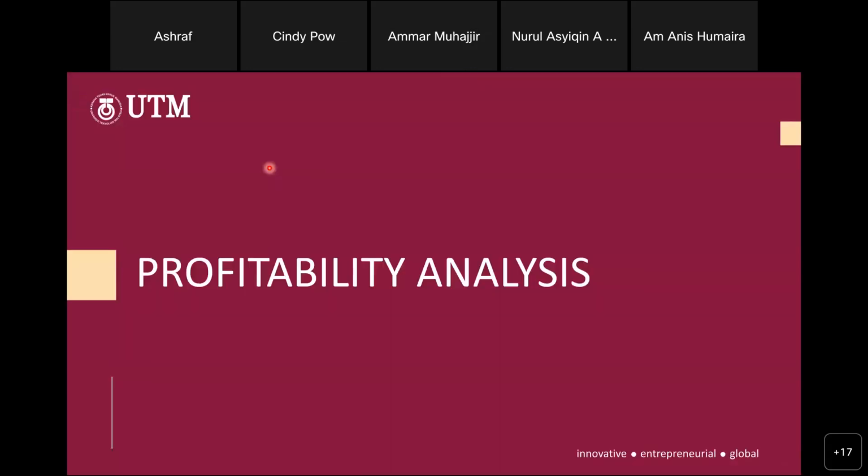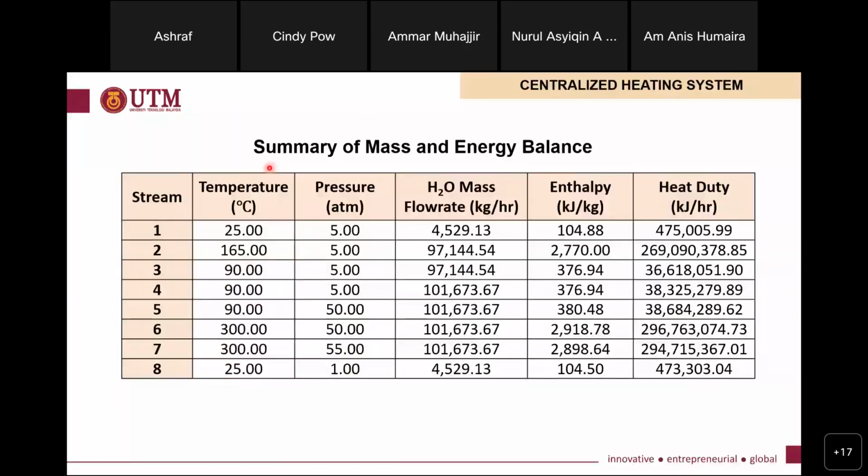From our calculation, this is the summary of mass and energy balance. In this calculation, the basis is at stream 8, that is 4,529.13 kilogram per hour of water. From this calculation, we can get the value of the streams.